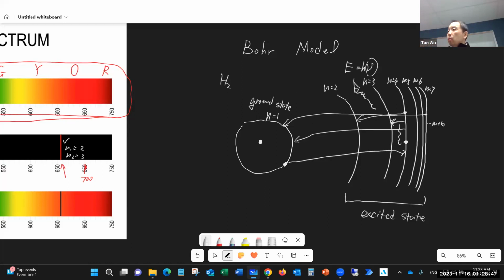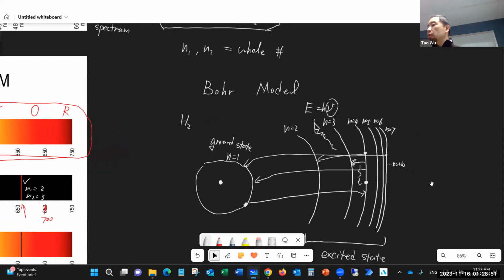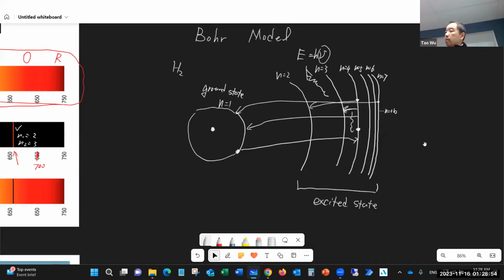Okay, so this is what happens. The reason we can see the light is because the electrons are being excited and then they jump back, and some of the energy they release we can catch. We catch that energy, and this energy is the visible light.